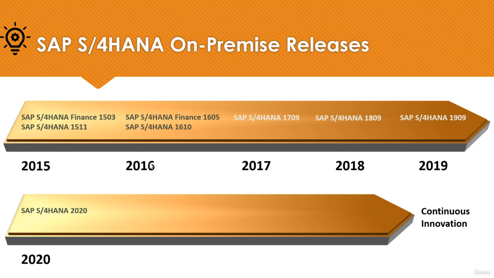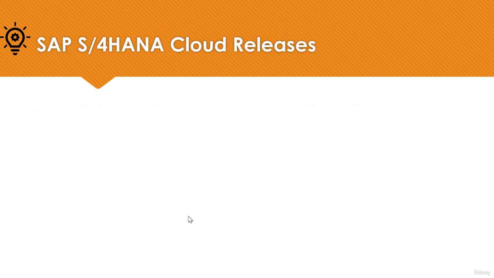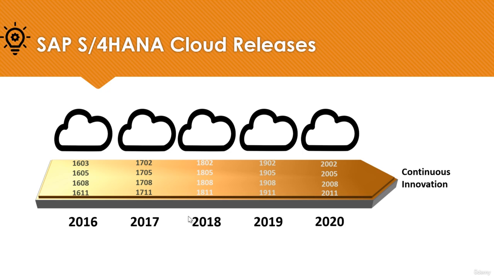Each year a new version is released after 2017, but before 2017 there used to be two versions in a year. Similarly, the first SAP S4HANA Cloud version was released in March 2016 as 1603. Here is the roadmap of SAP S4HANA Cloud releases, and there is continuous innovation for its future releases.